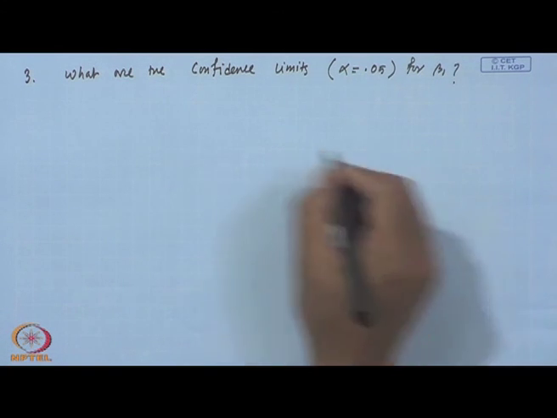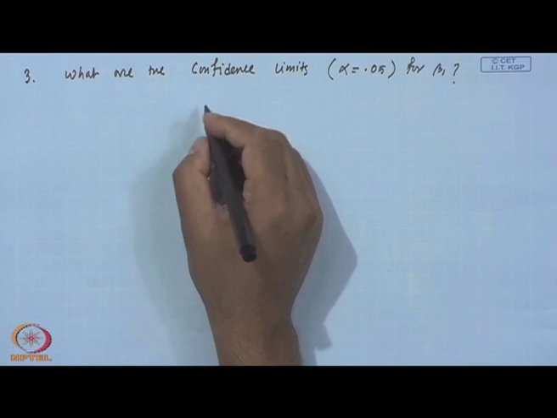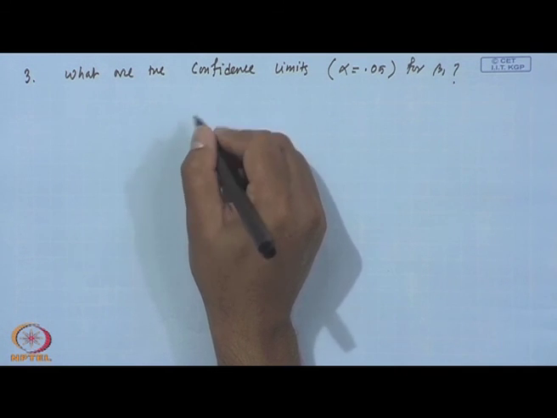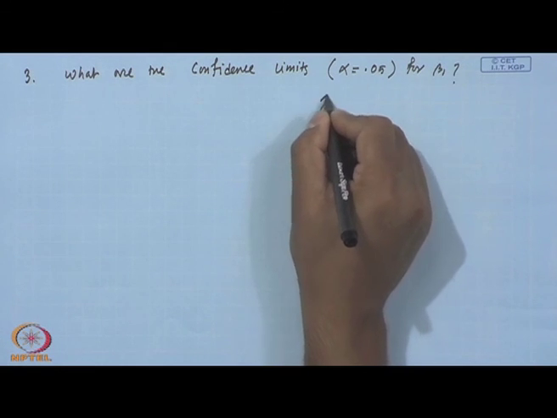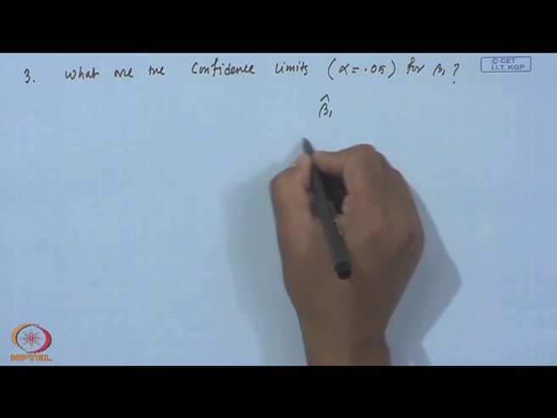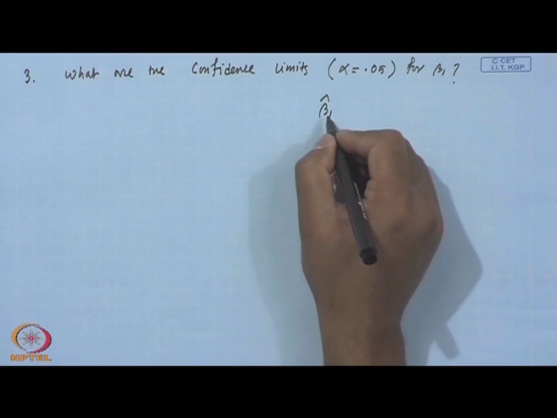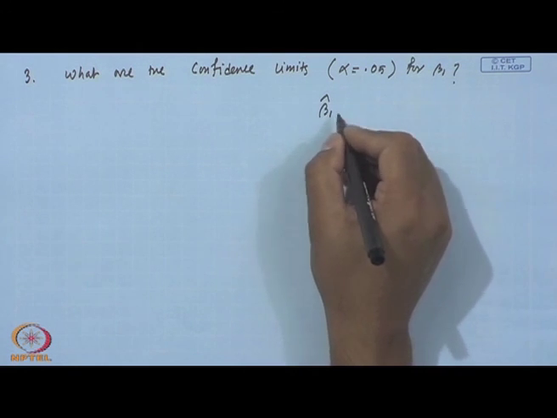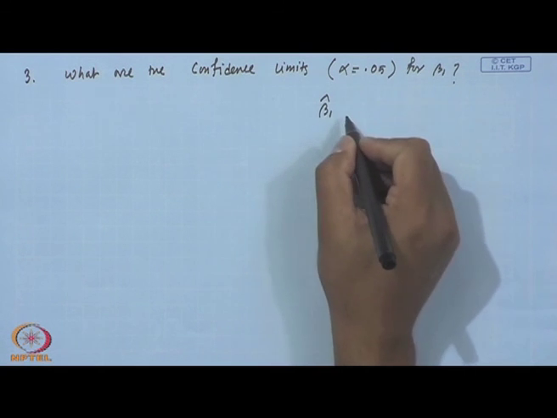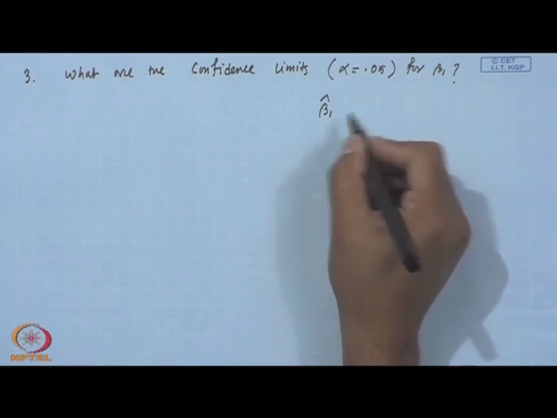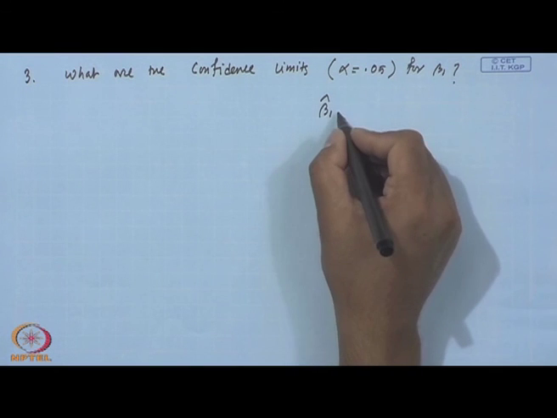Okay. So, what we know is that this beta 1 hat is a linear combination of y_i's and y_i's follow normal distribution. So, a linear combination of normal distributions is again normal.